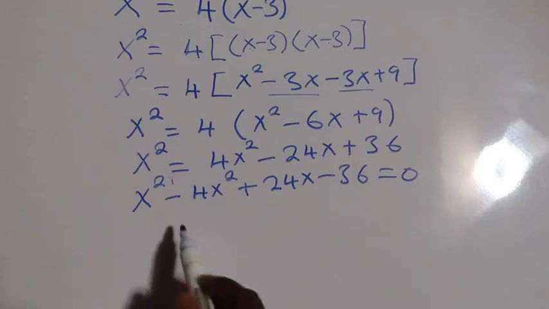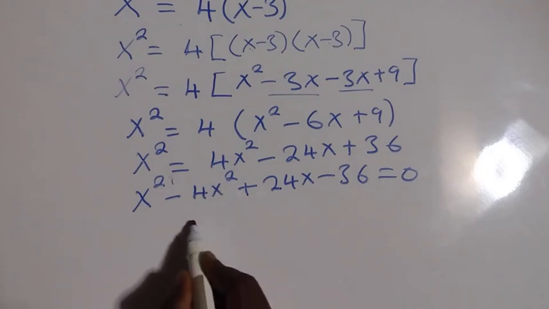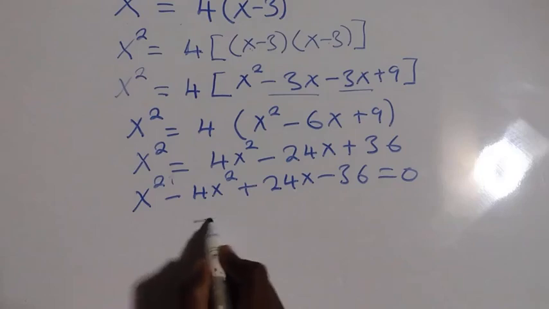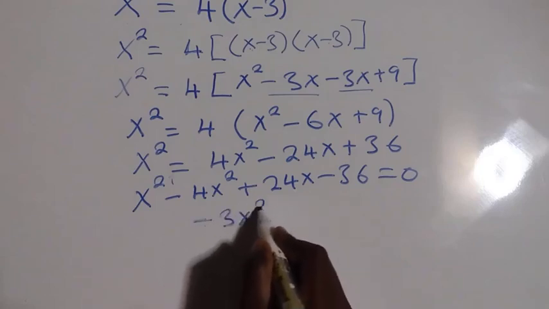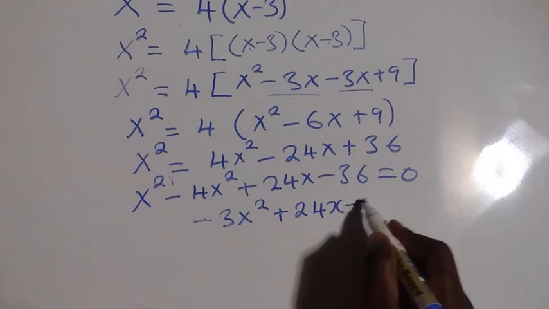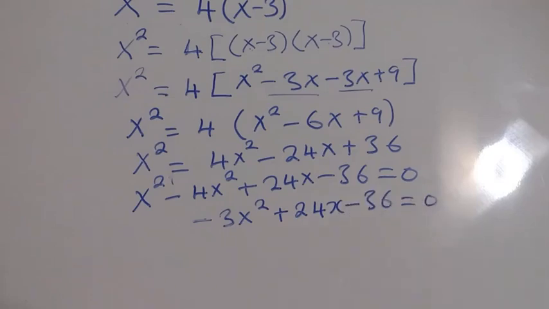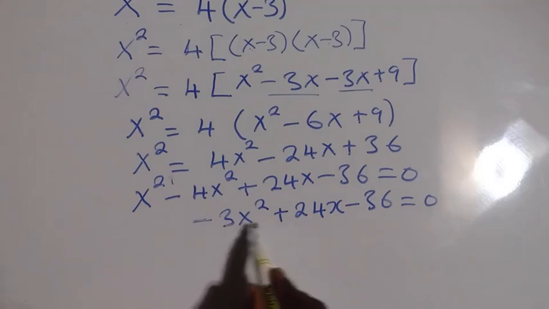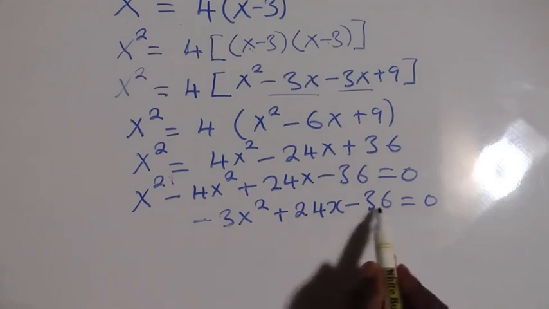And then from here we can say x squared minus 4x squared. This will give us a negative 3x squared plus 24x minus 36 is equal to 0. So I hope you are following. Then from here, what are we going to do? Since we have 3, we have 24, we have 36, 3 is divisible into 24 and 36.